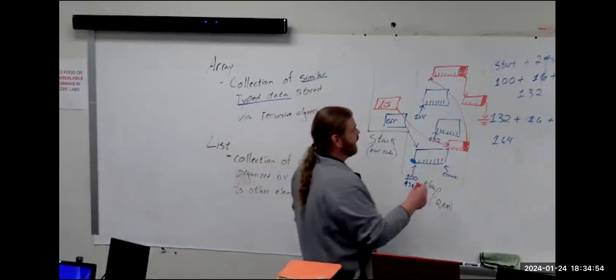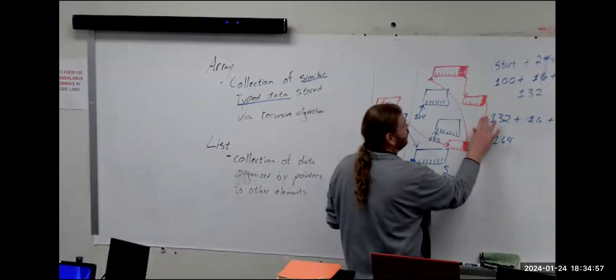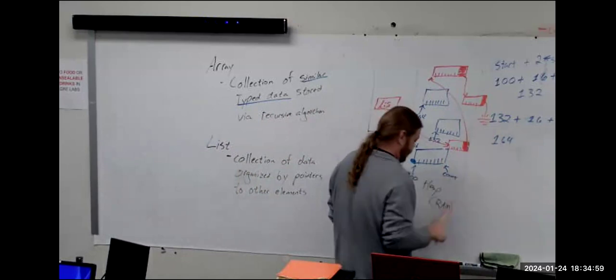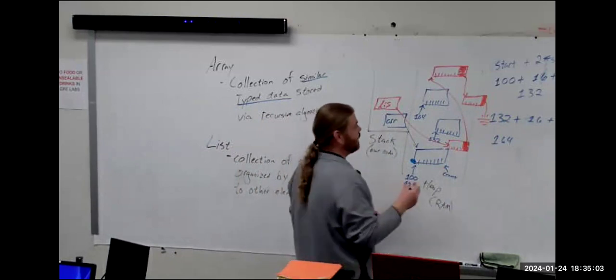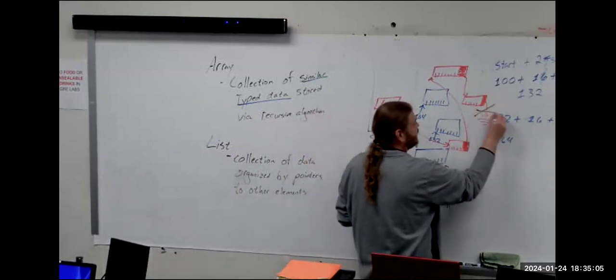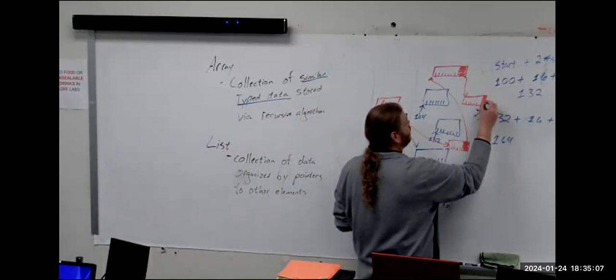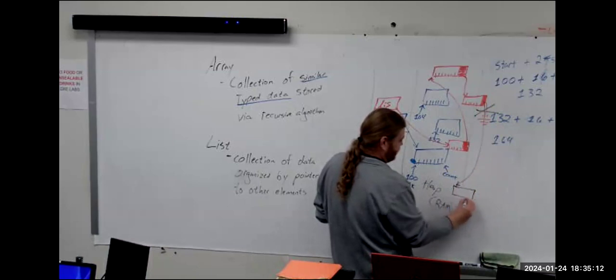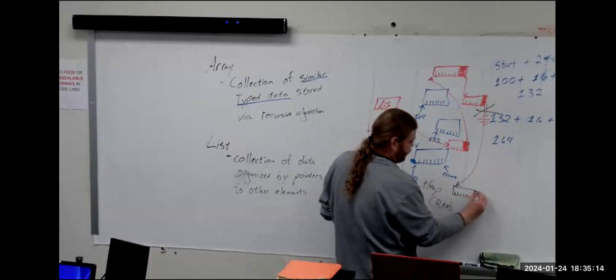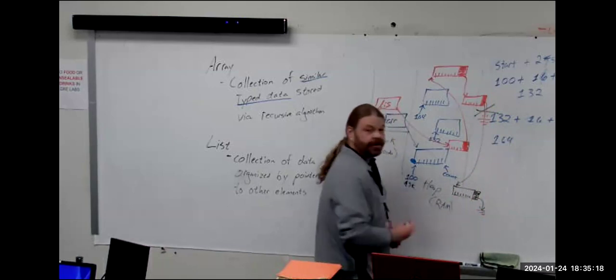But a list, if we wanted to add another thing instead of this null pointer here, I'll do it in black, we can come in and dynamically edit the list. So instead of the null pointer here, we'll just point at another element down here. And our list has gotten longer.